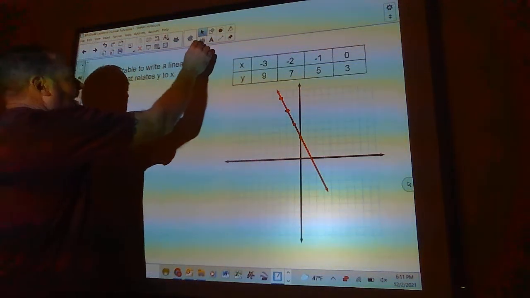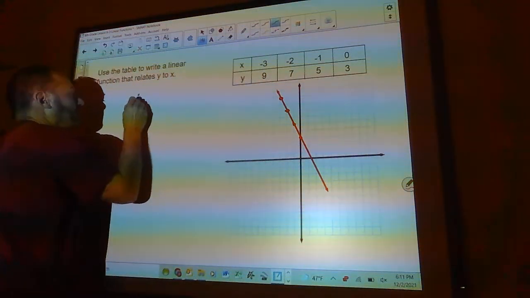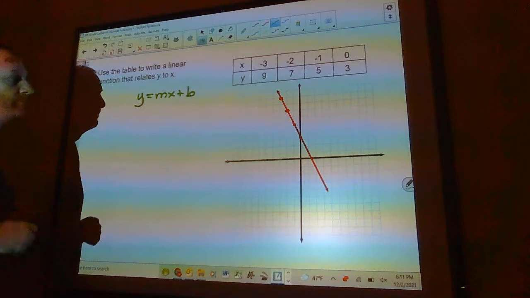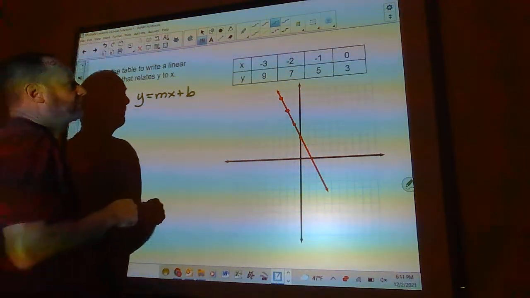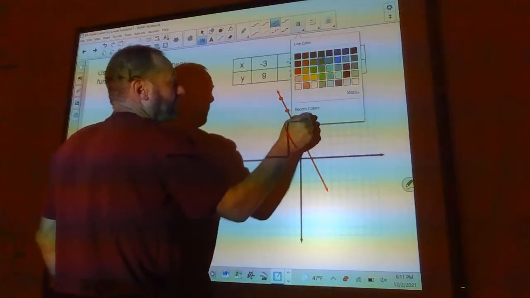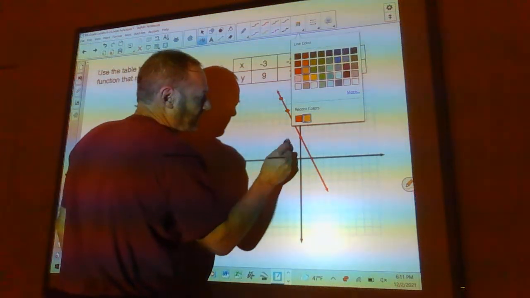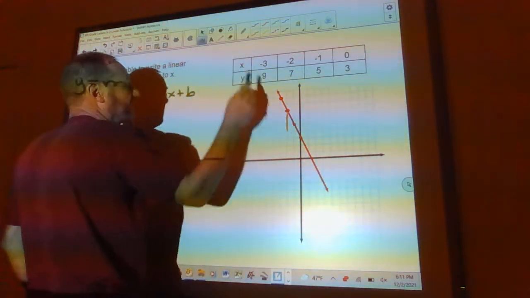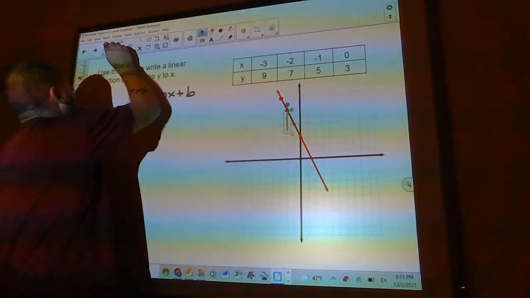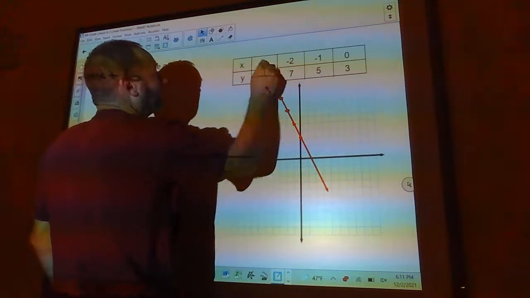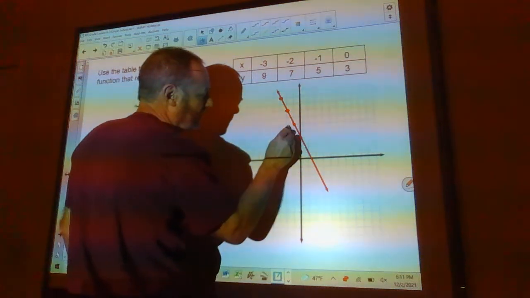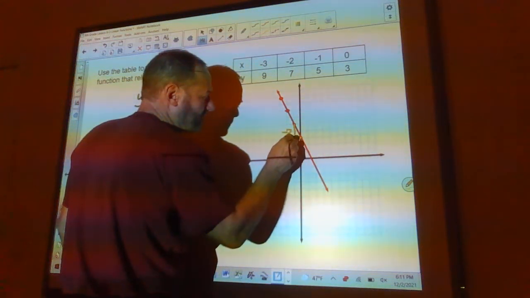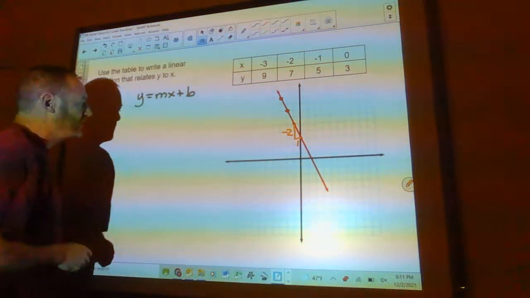Now, again, I always like to write down the formula, y equals mx plus b. Okay, so the first thing we're going to do is figure out the slope here. So my slope, pick 2 points that are here. Okay, so I can do the slope from here to here. That goes down 2, so it's -2, and it runs 1.